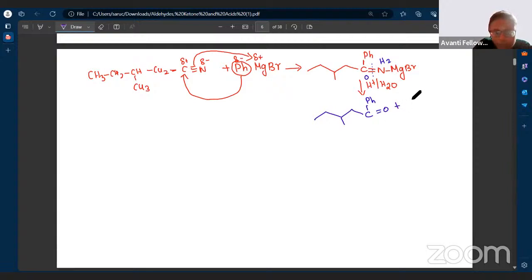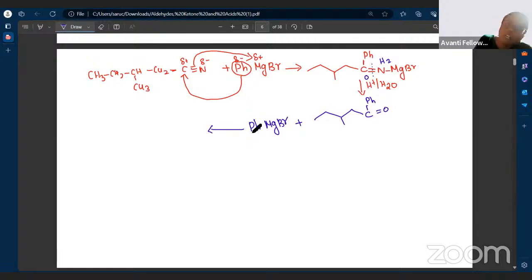Here N takes up hydrogen and MgBr moves out. I'll write the major product. Now again you're reacting it with PhMgBr, and you're doing the hydrolysis.